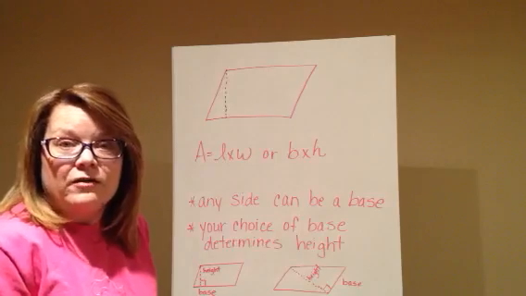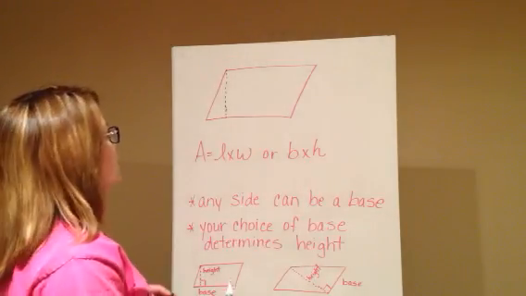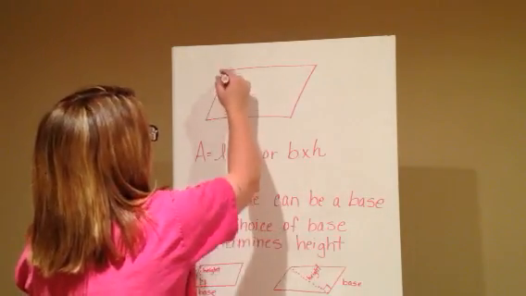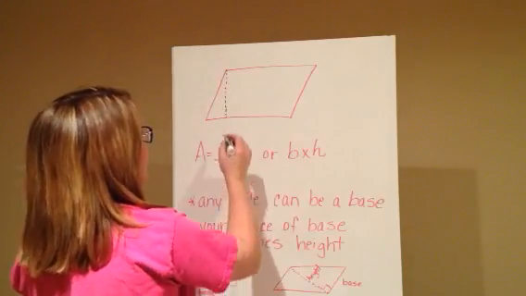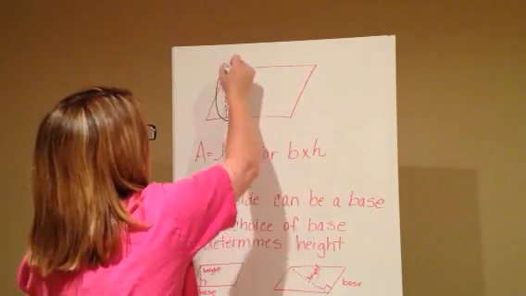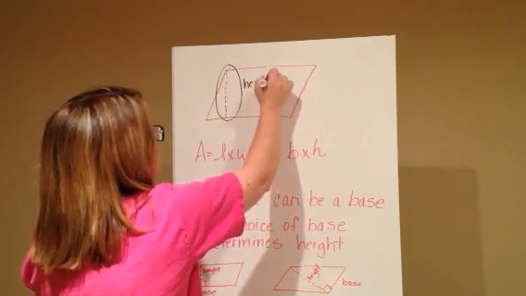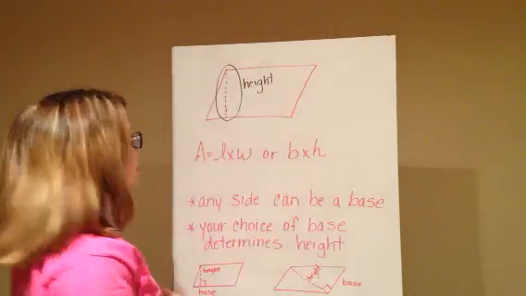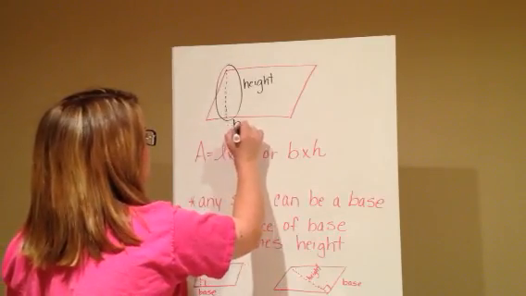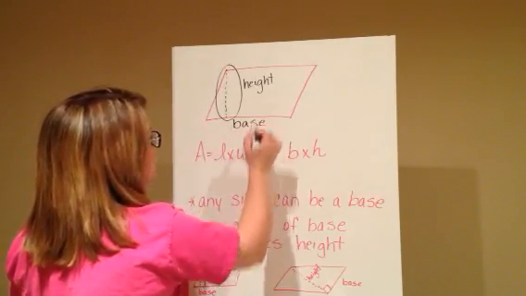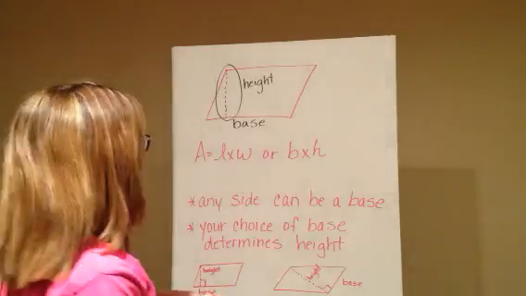And we know how to find the area of a rectangle, don't we? But in this case, we're going to use the measurement that is the height. So this right here is going to become the height of my parallelogram. And then this would become my base, or whatever it sits on, okay?